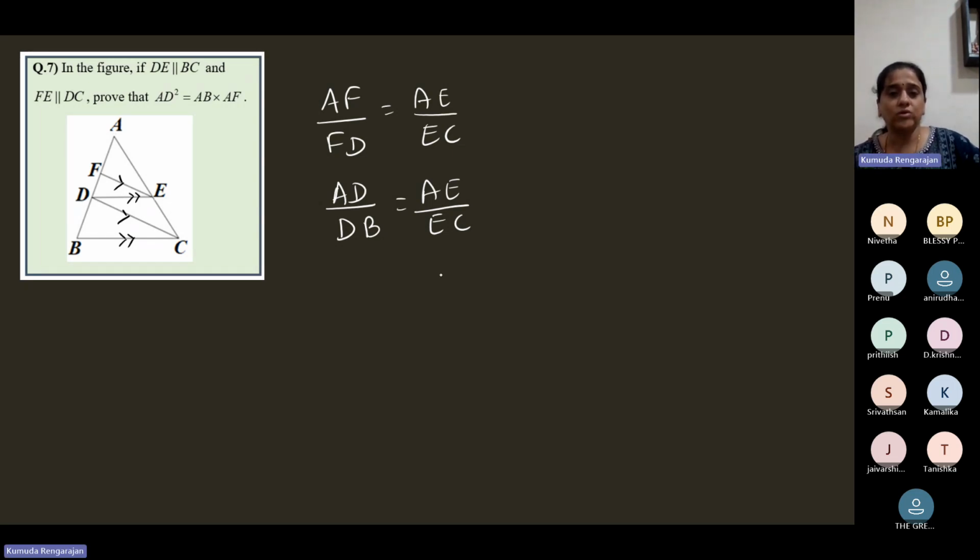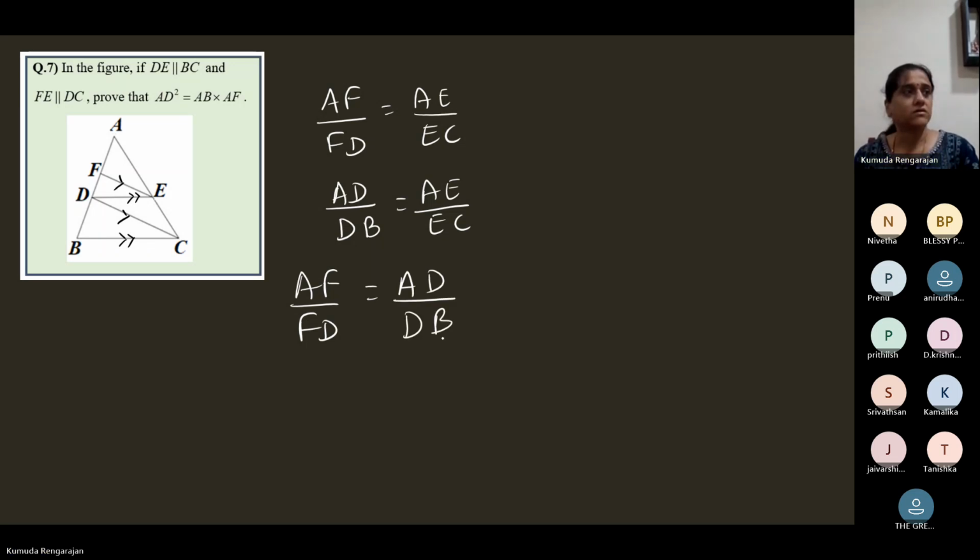Now, when you compare these two, what do you get? AF by FD equals AD by DB. Now in the result, what are the line segments you have? AD, AB, AF.